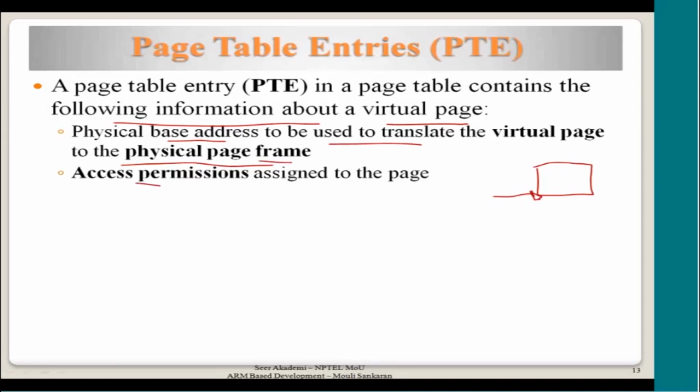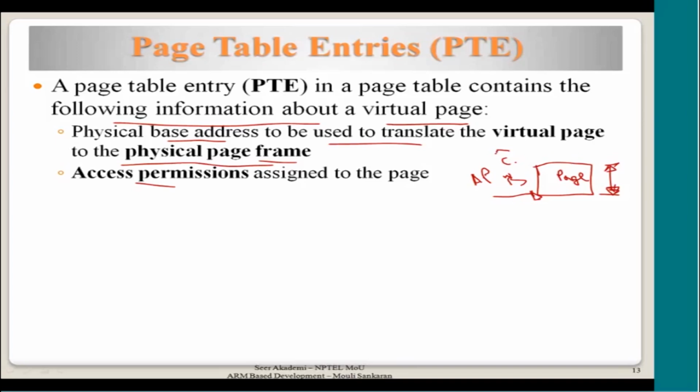Access permission. As I told you, the access permissions are the same for a particular page. If you remember, I said that they are maintained in the page table entry. That means we can have access permissions like whether the write buffer has to be used or not, whether the cache has to be write back or write through.